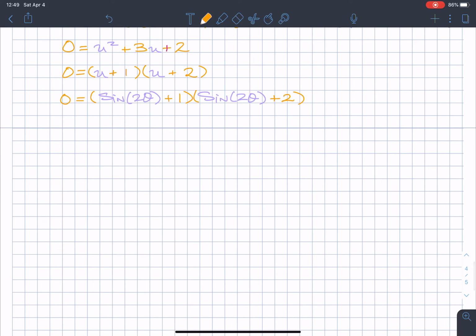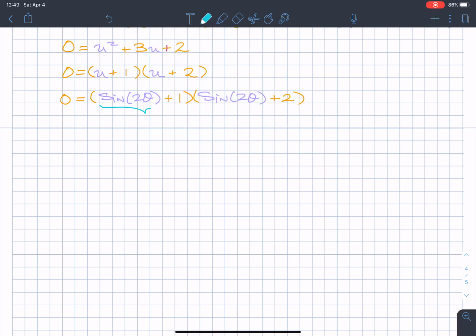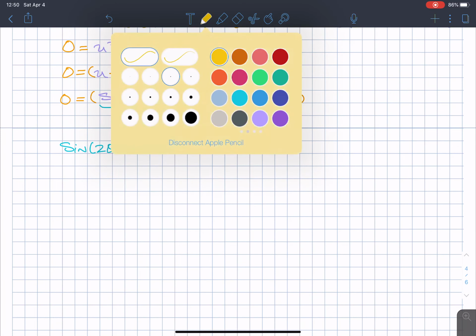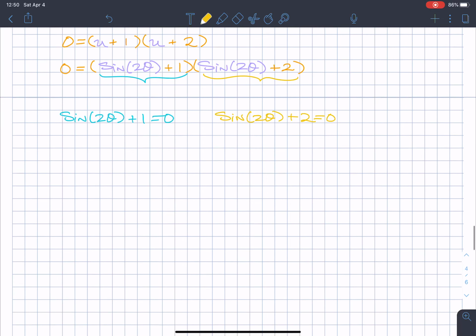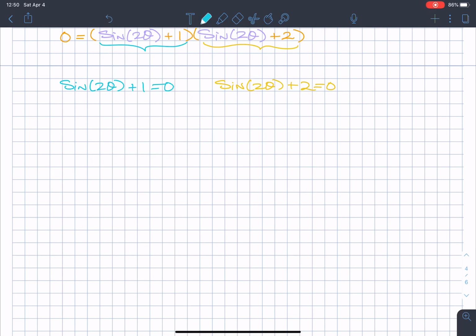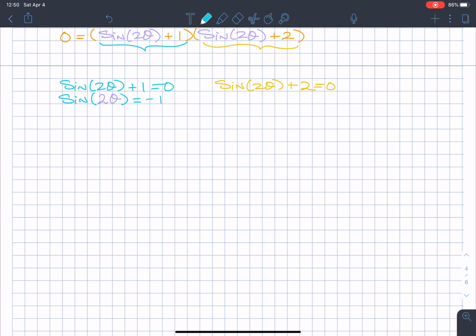So we have that either the first sine of 2 theta plus 1 is 0, or, which is interesting, and you'll see why in a moment, sine of 2 theta plus 2 is 0. Okay, so on the left-hand side, I have that sine of 2 theta, and let me put 2 theta in purple, is negative 1. So at what angles is sine negative 1?